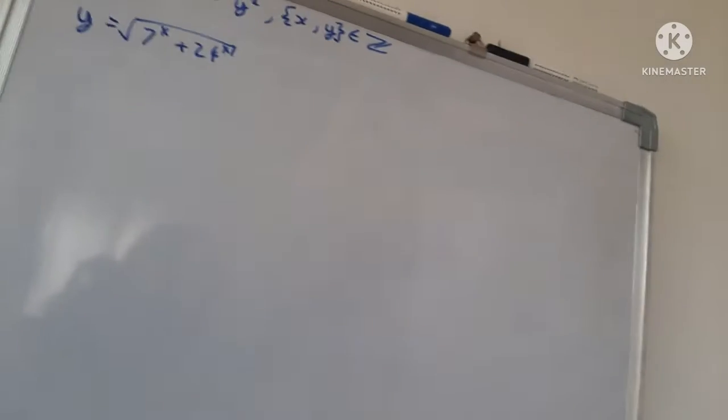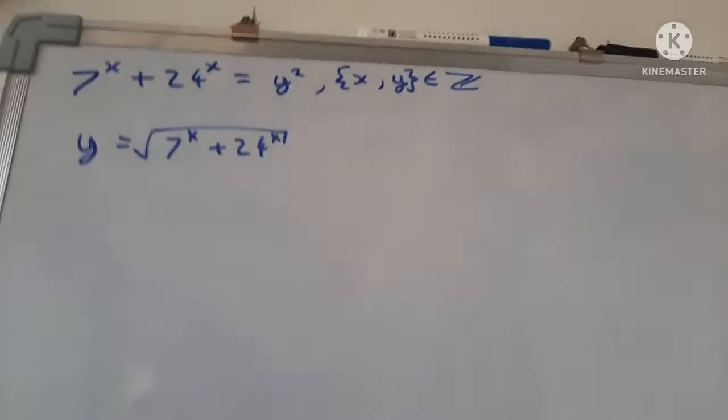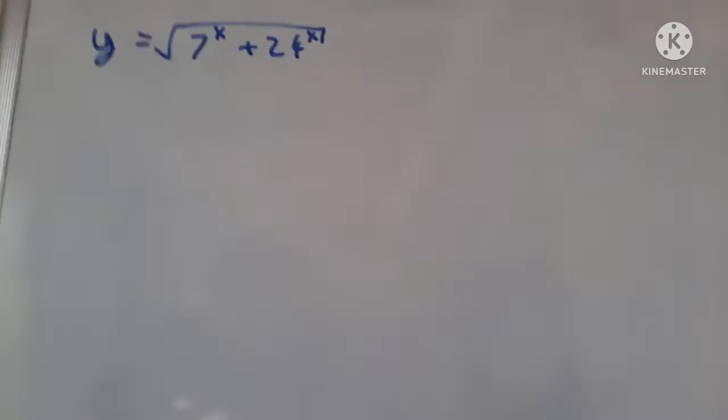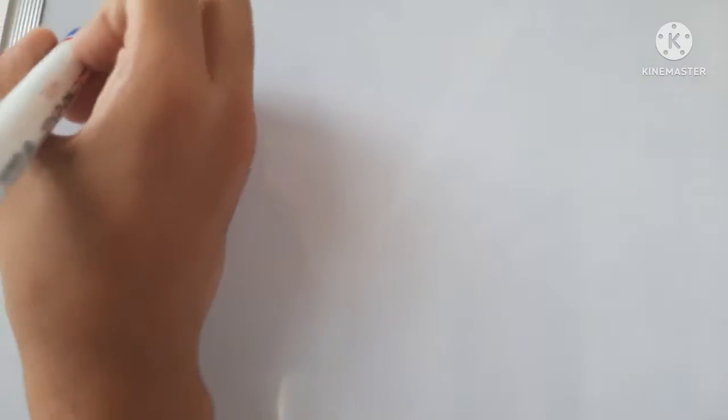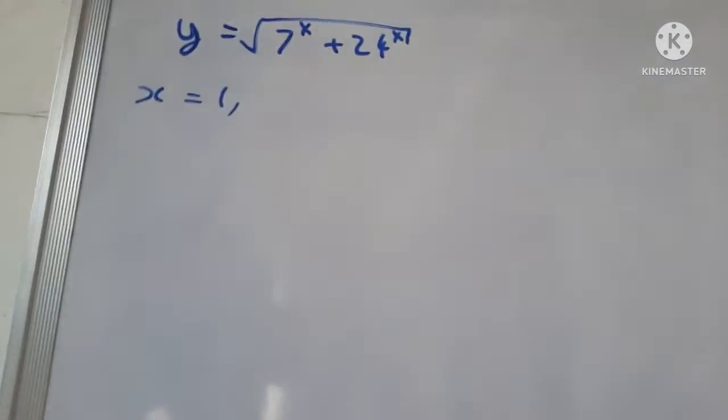I don't know. Let's see. I don't know, dude. I'm just going to plug in, because that's how I found the solution. So, let's say x is equal to 1. Our goal here is to check if y is an integer for a given value of x.